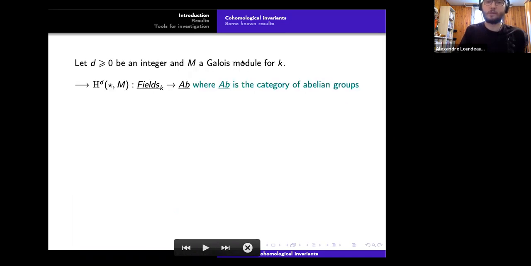And so now let's define what is a cohomological invariant. So let d be an integer, M a Galois module for little k. In general, we can define the functor H^d(*, M) from the category of field extensions to the category of abelian groups.